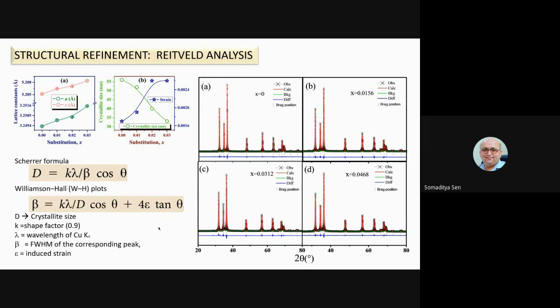Interestingly, it has been observed that if the strain increases, then the crystallite size decreases. This is not just in one case. I am not saying that all cases are like that, but in most cases, the strain actually reduces the crystallite size. Now the question is why?